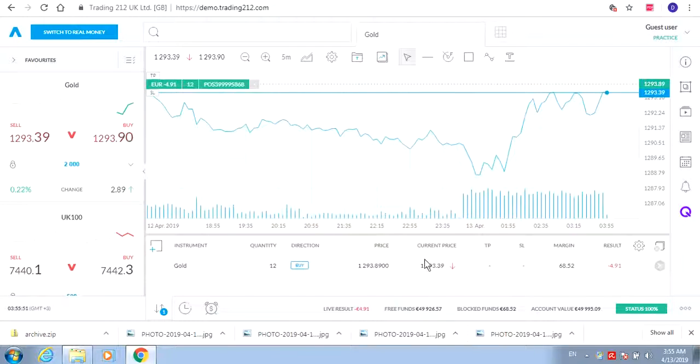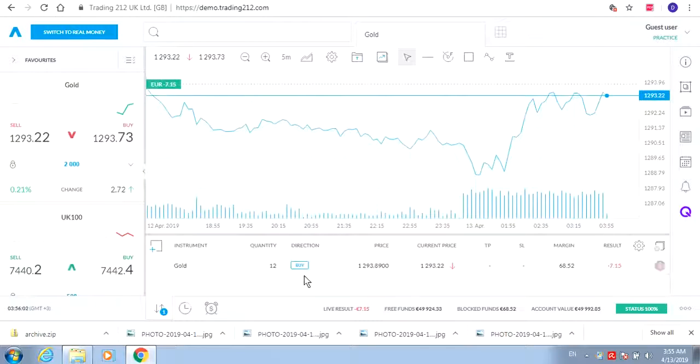Here is the current price. Here is the price at which the transaction was executed, and here is the quantity, which is 12 ounces, and here is the direction, which is a buying order.